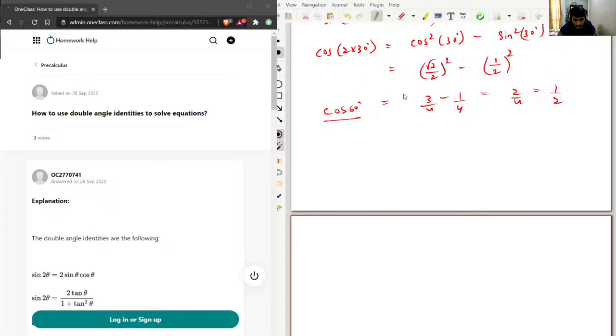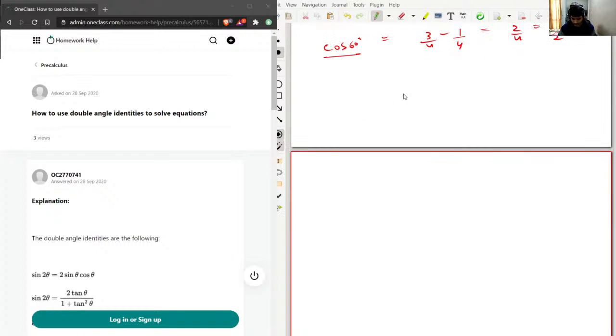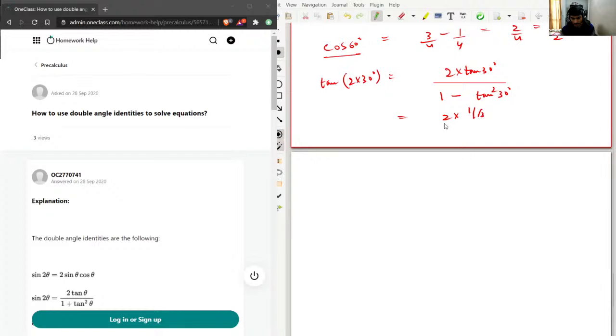And now we'll go for tangent. Tangent of 2 times 30 degree is 2 times tangent of 30 degree over 1 minus tangent square 30 degree. So this is 2 times 1 over square root of 3, over 1 minus 1 over square root of 3 whole square.